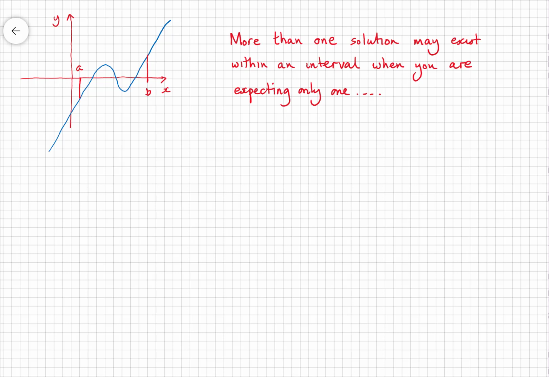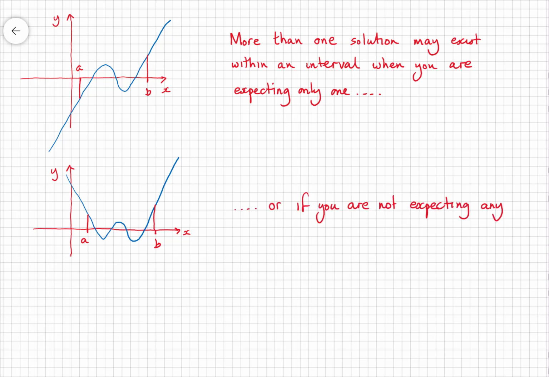Perhaps our initial intervals are too large. But then equally, we may not be expecting to find a solution within a particular interval when there are still multiple solutions that actually do exist. Again, possibly because we've chosen too broad an interval.